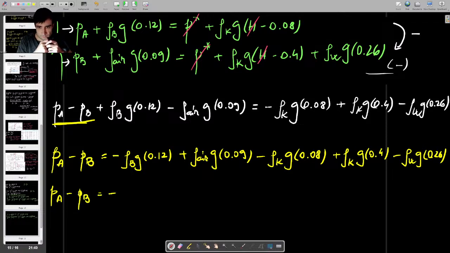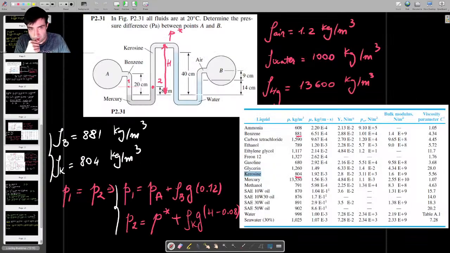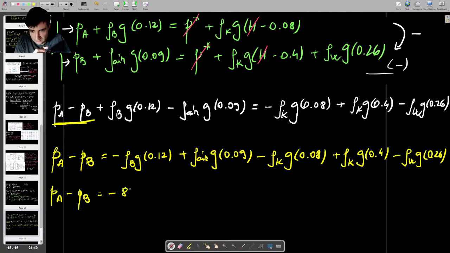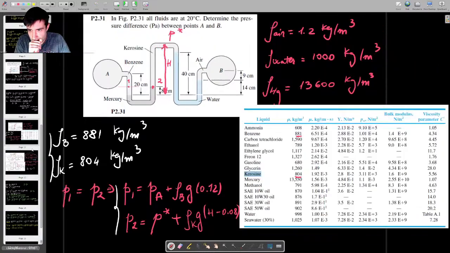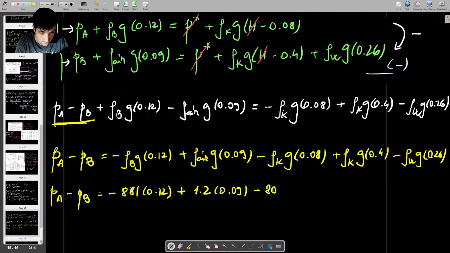Unfortunately we have a G that we're gonna carry with us, but I'll put it at the end. So for benzene I'm using 881 times 0.12 plus, then I have the density of air, which is 1.2 times 0.09 minus density of the kerosene, that is 804 times 0.08, plus density of the kerosene.